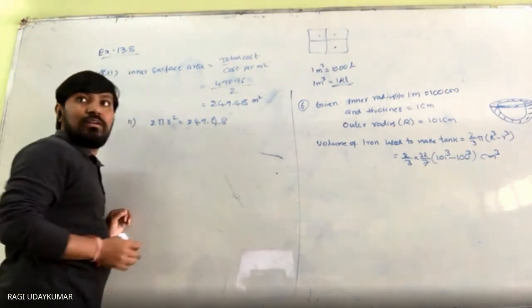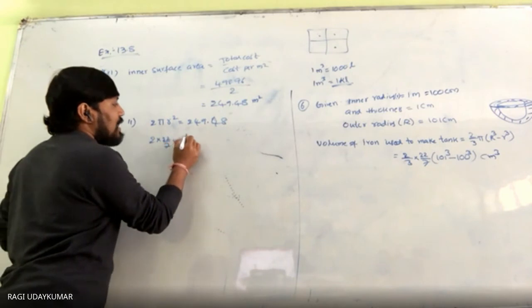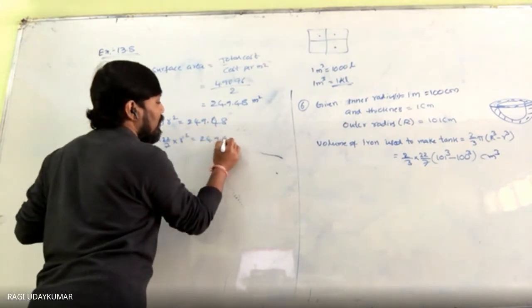249.48. So 2 into 22 by 7 into r square is equal to 249.48.